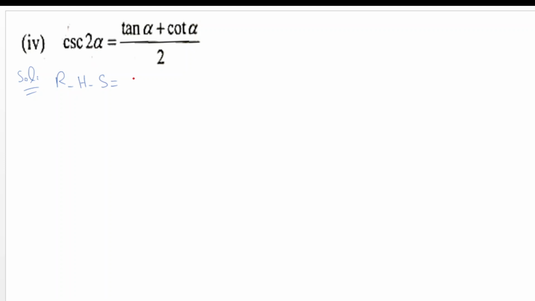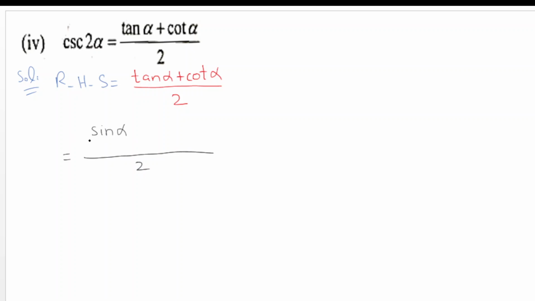So, let me write here (tan alpha plus cot alpha) by 2. Now, we know that in a simple form, we'll just write a line. This is the main fraction, so be careful about the main fraction.